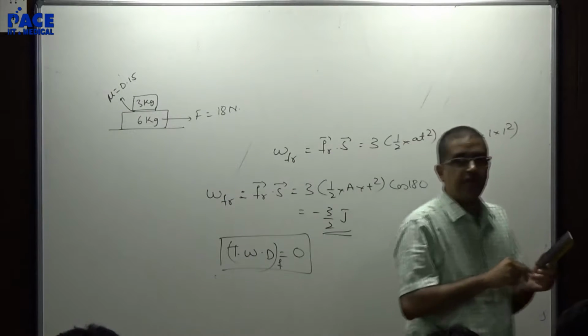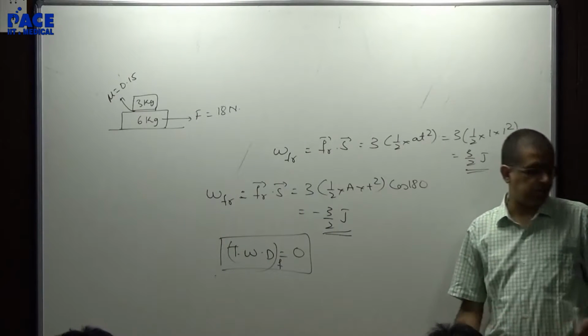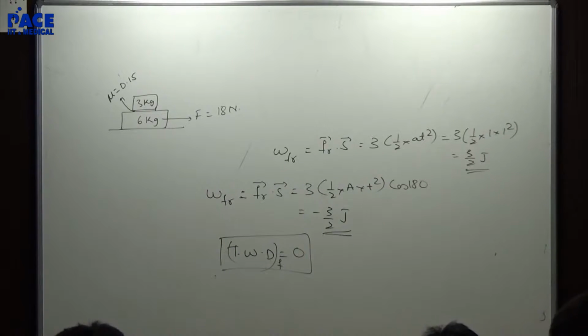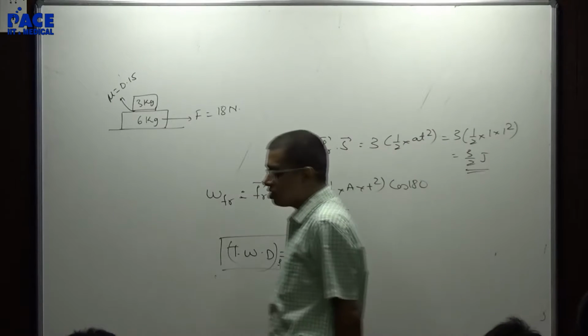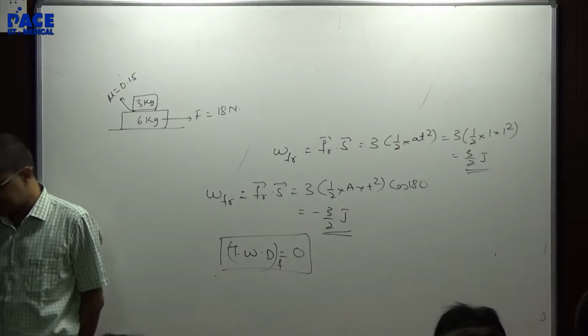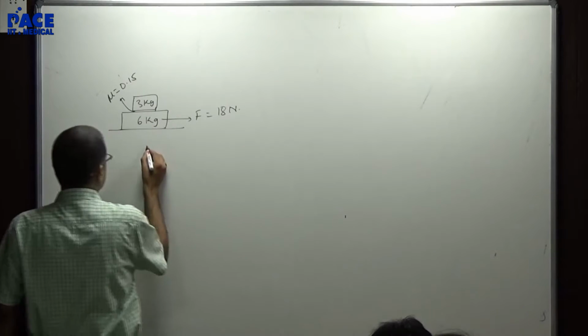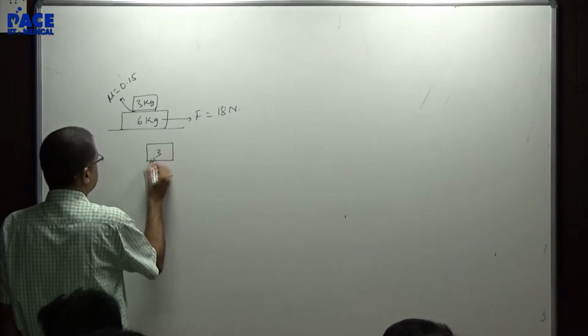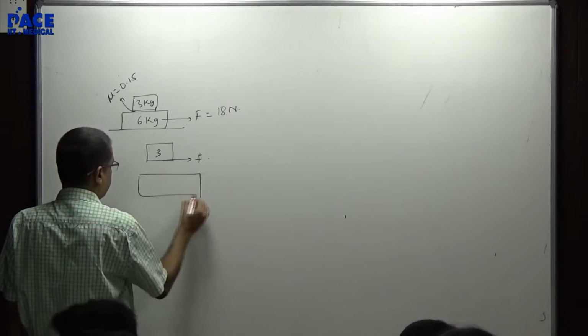Find the work done by friction on both the blocks in the first 1 second of the journey. This is the 3 kg block. Friction will act in the forward direction.